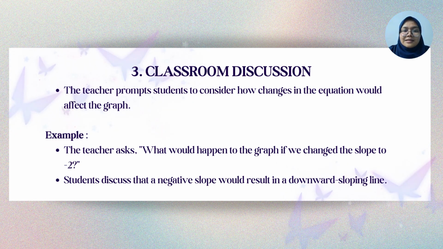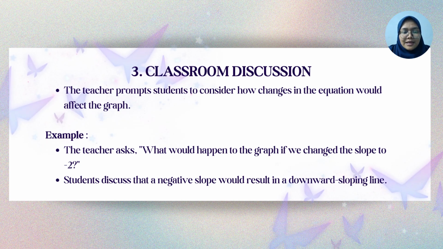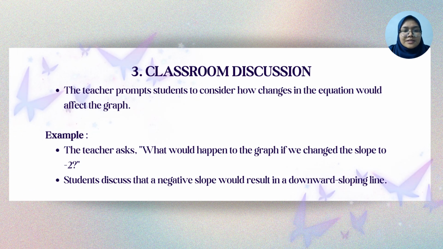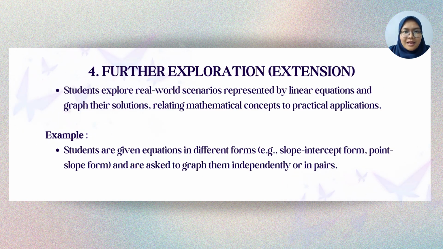Students discuss that a negative slope would result in a downward sloping line, where for every unit increase in x, the corresponding y value decreases by 2. Similarly, the teacher might ask about changing the y-intercept and adding or subtracting a constant within the equation, encouraging students to predict the graphical outcome. Last but not least, we will go to further exploration or extension.